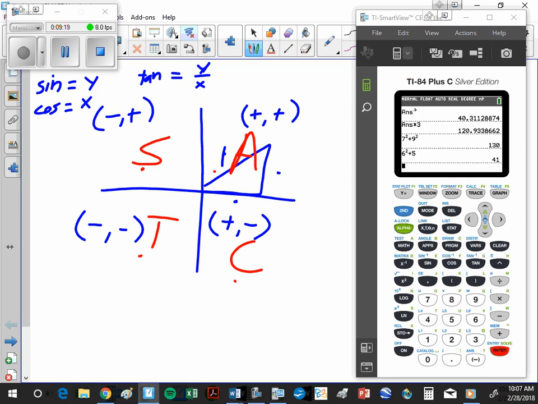Cotangent and sine are both negative. That would be in, what'd you say, Brent? 4, right. And then cotangent is negative and cosecant is positive. So that would be where tangent is negative and where sine is positive, which is 2.